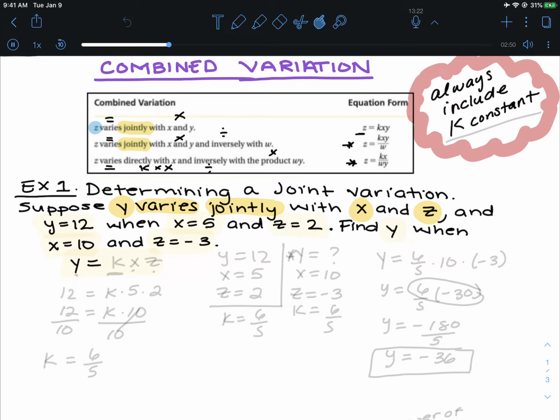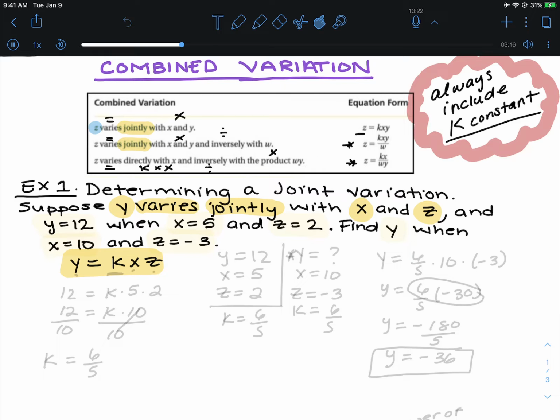X and Z. But remember, always include K. So here we're going to get K, because we always have to include the K constant, times X and Z. Okay, so this is our equation: Y equals K times X times Z.